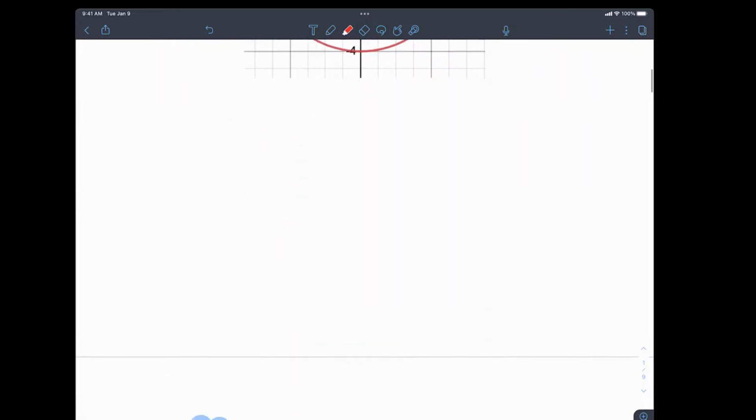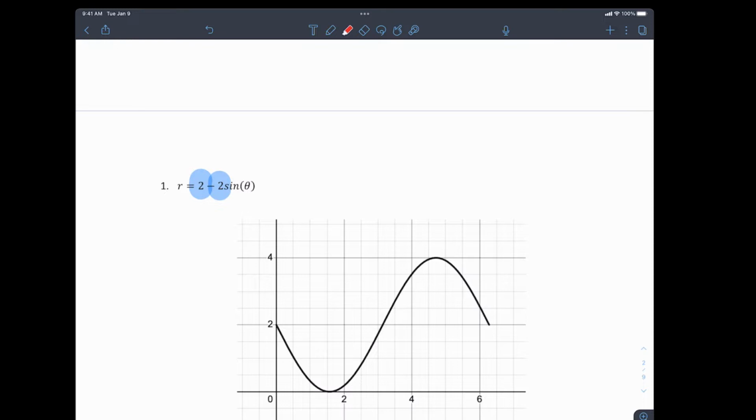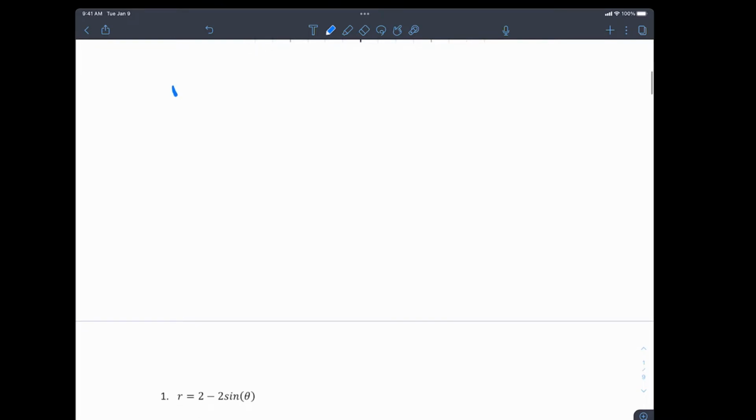So in this example here, let me do something to you guys to share with you why we got to have polar form. I haven't done that, but you see this first example. r is 2 minus 2 sine theta. I'm going to try to do it over here for you guys. See if I can do that, right? This is a cardioid, 2 minus 2 sine theta. This is in polar form.